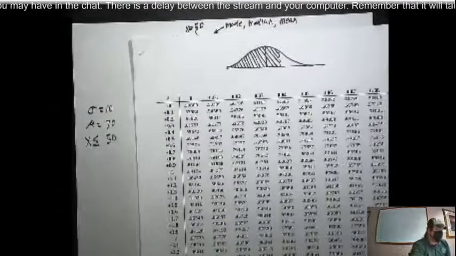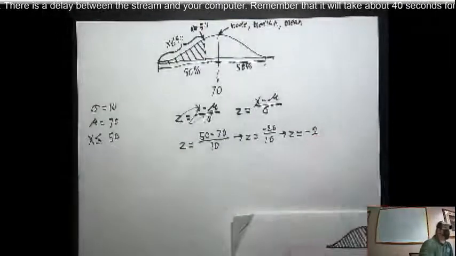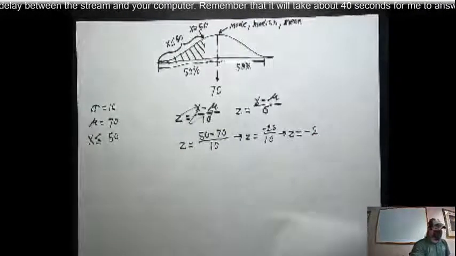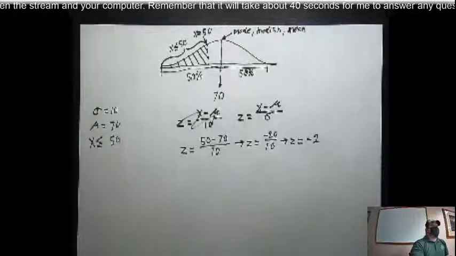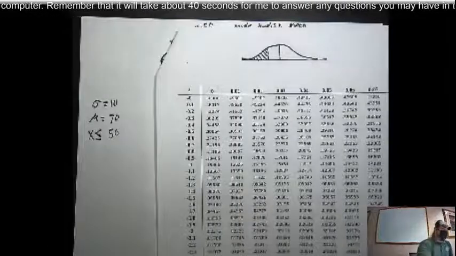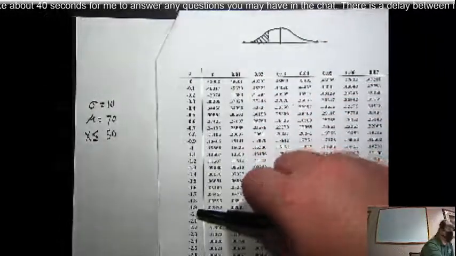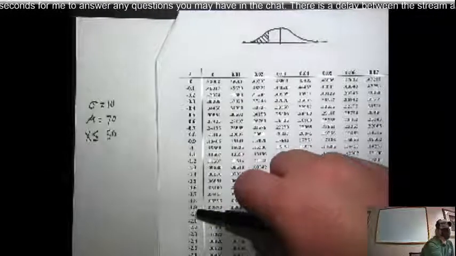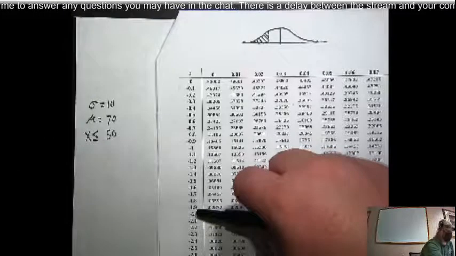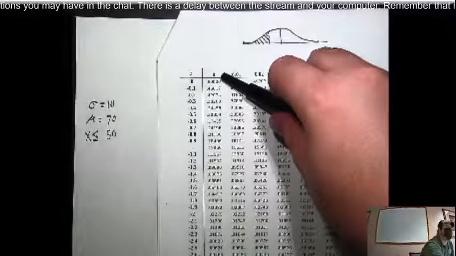So the first page right here is positive z-scores, but as we can see here, we got a negative z-score, so we need to go to the next page. And there's our negative z-scores. So we look up negative 2, let's see, so scroll down here until we get to negative 2. And then the next digit, well, there isn't another next digit, so we just go over to 0.